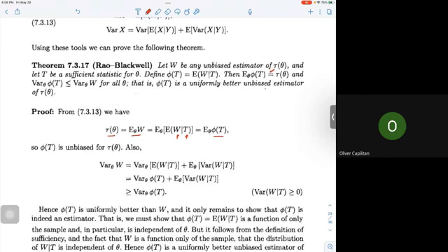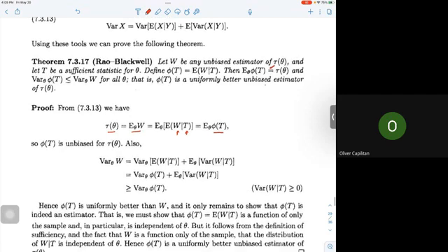Next, show that the variance of phi of T is less than or equal to the variance of W. According to 7.3.13, the variance of W is equal to the variance of the conditional expectation of W given T plus the expectation of the conditional variance of W given T. The first term is just phi of T, so that's the variance of phi of T, and we retain the second term.